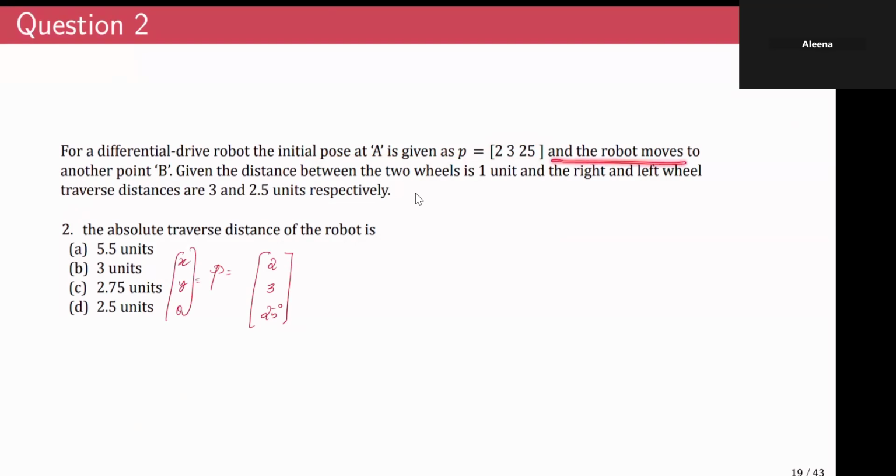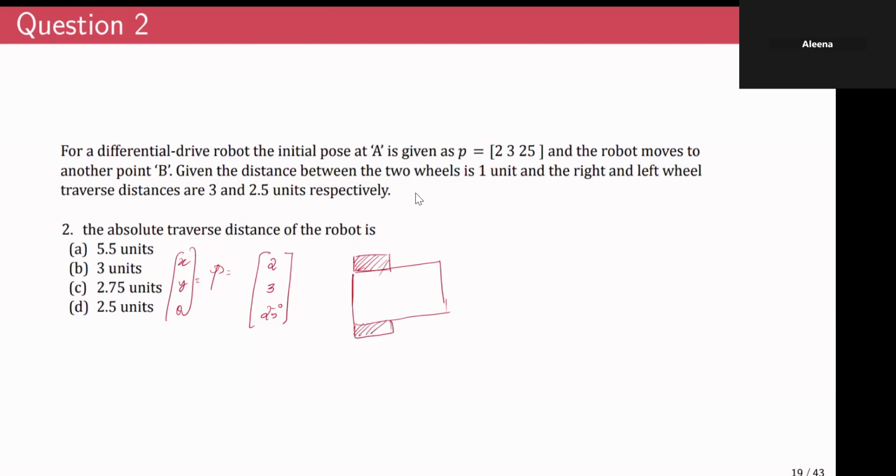And the robot moves from point A to another point B. Given the distance between the two wheels as 1 unit, if I draw a differential wheel robot like so, here we have the two wheels.